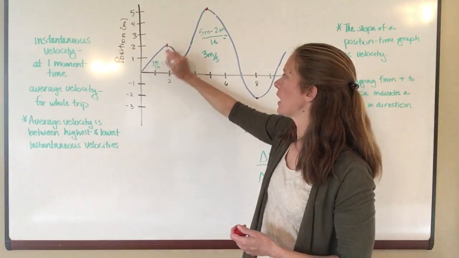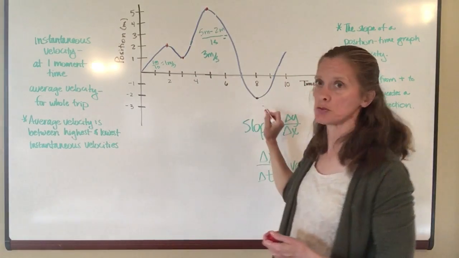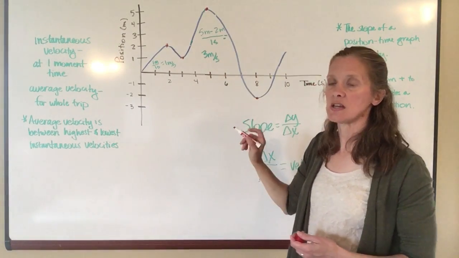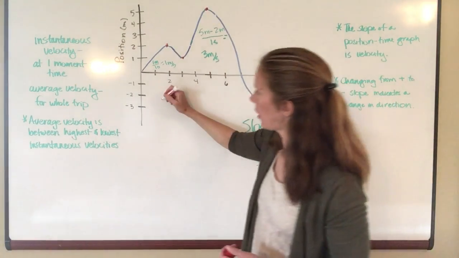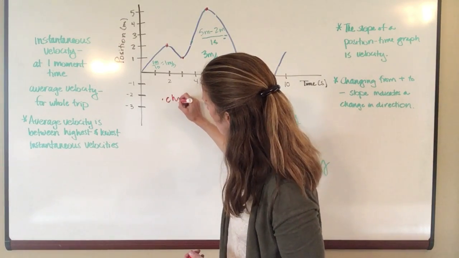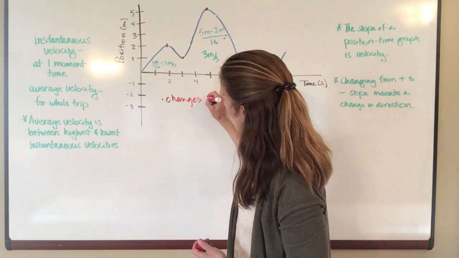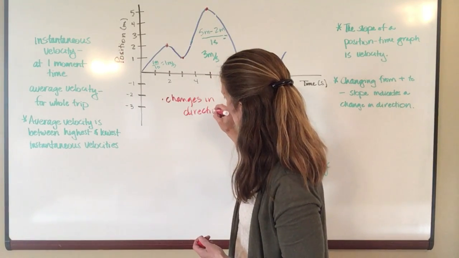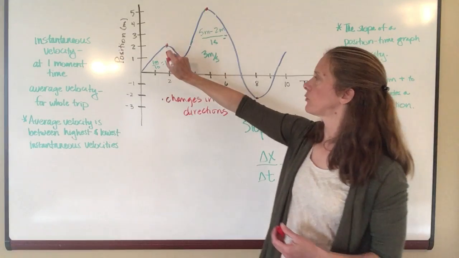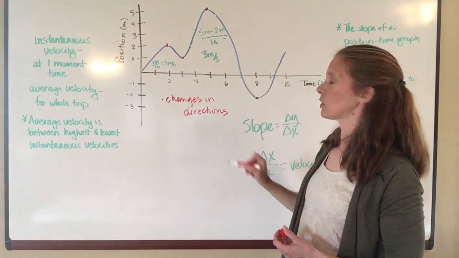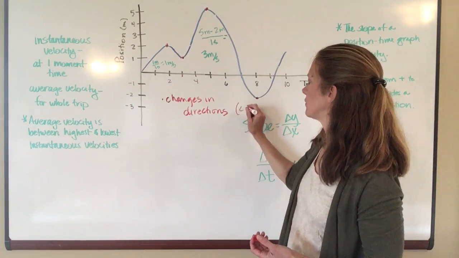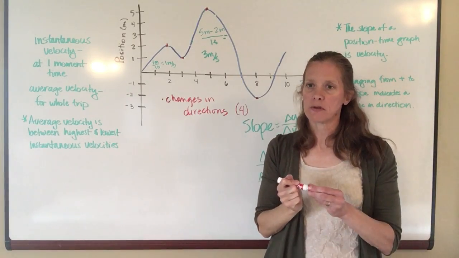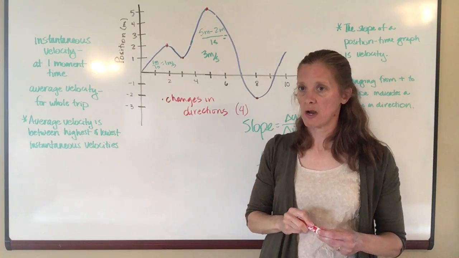So anytime you have a curve and you have what's called an inflection point, that is going to indicate a change in direction. So all of those places are places where he changes direction. If they ask you how many changes in direction there were, all you're going to look for is the top of a curve or the bottom of the curve, and you're going to be able to count that. So on this particular graph, you have a total of 4 changes in direction.